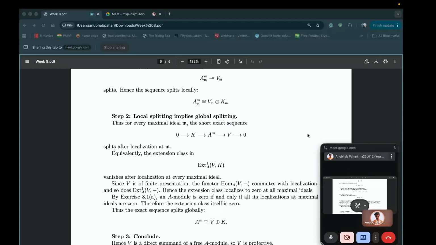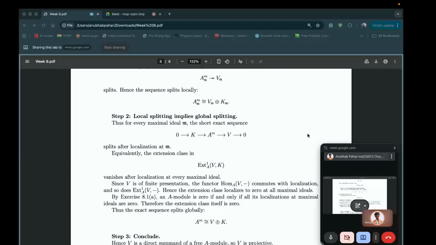Now we will show that this local splitting implies global splitting. That means that for every maximal ideal, if this localization splits, then it splits globally and therefore V will be projective.